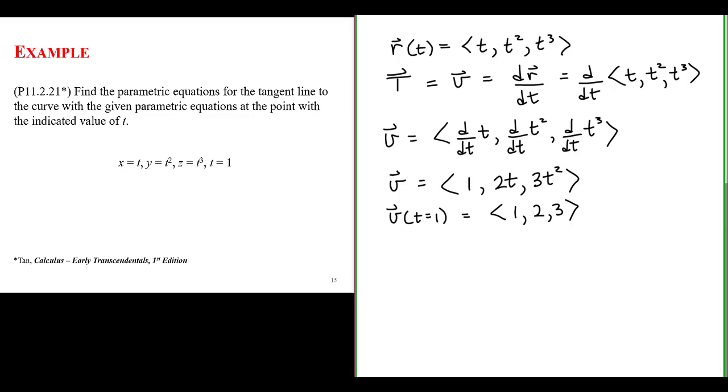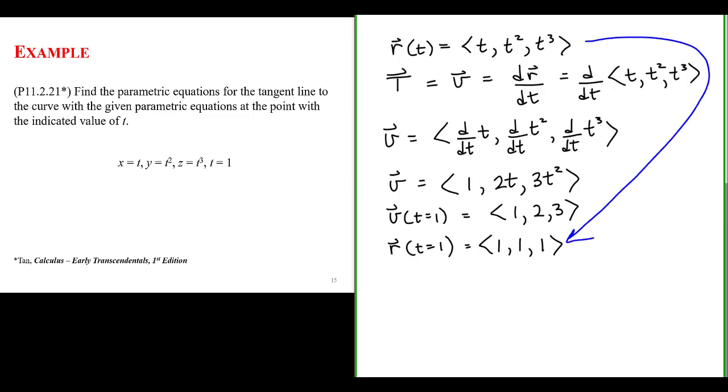Now we only need to find a point on the curve before we could set up our parametric set of equations for the line. So a point on the curve can be found by taking our position vector and evaluating it at t equals 1. This would be 1, 1, and 1, as you could see when we substitute 1 in for t for our position vector.